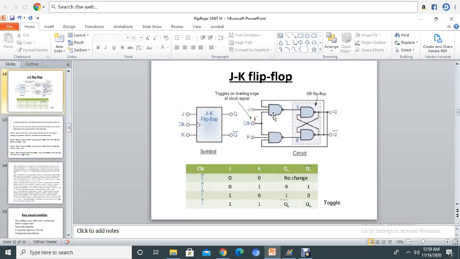In an AND gate, if any one of the inputs is 0, then the output will be 0. In a NAND gate, if any one of the inputs is 0, then the output will be 1. If both inputs are 1, then the output will be 0. Just opposite to the AND gate.